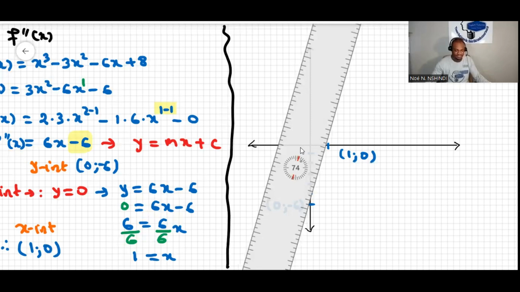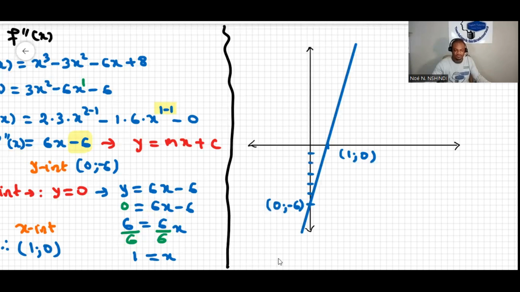Et voilà. Here is the line connecting the 2 points.